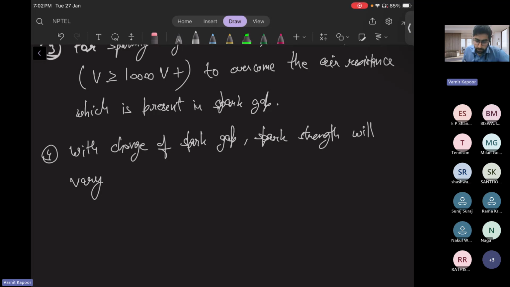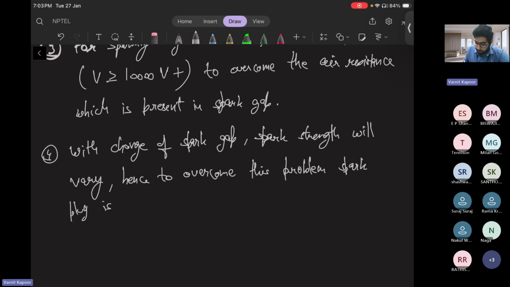Hence, to overcome this problem, the spark plug is made of nickel alloys, as the coefficient of thermal expansion of nickel alloy is near about 0.